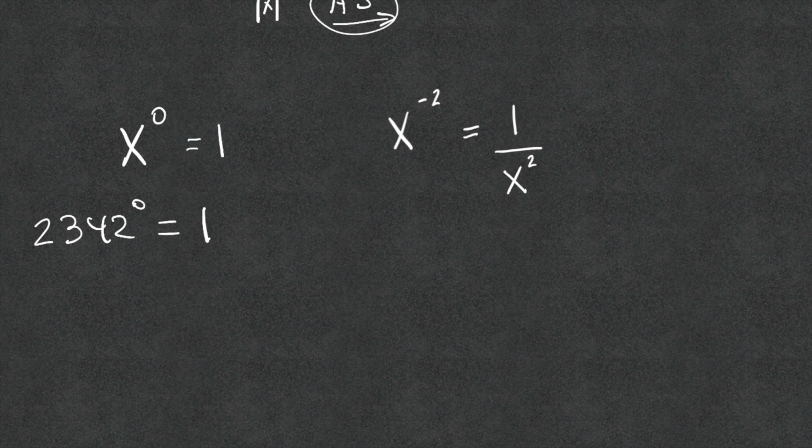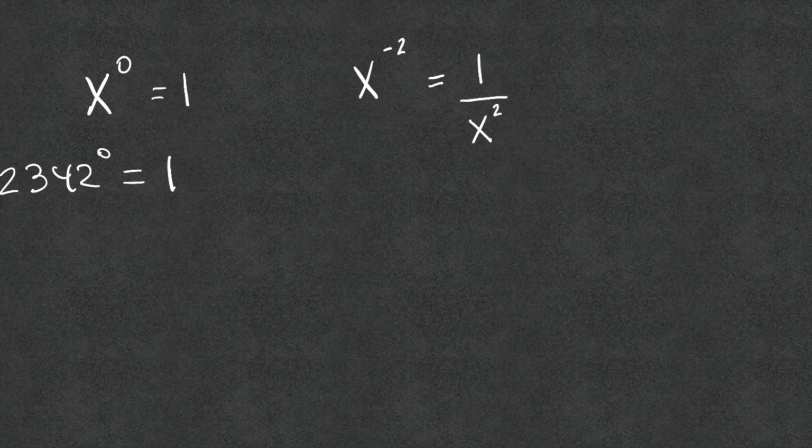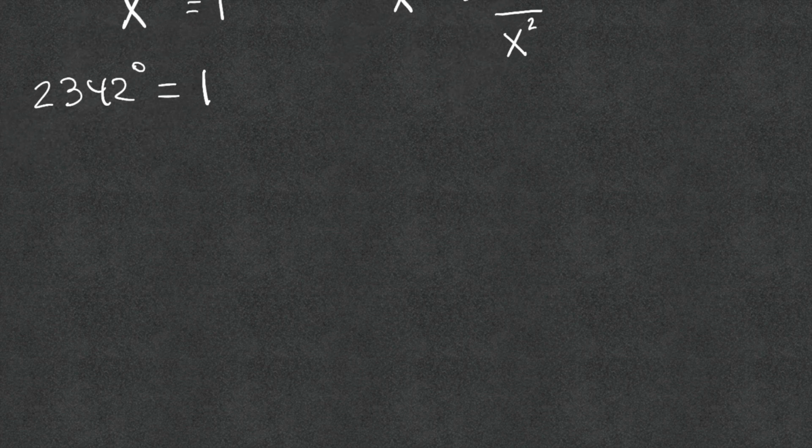Some instructions will clearly say, express all answers with positive exponents. But you should assume that unless it says not to. So some examples of this: if you have 2 raised to the 4th power, and that 4th power is negative, 2 to the negative 4th power, then you have, this is your next step.